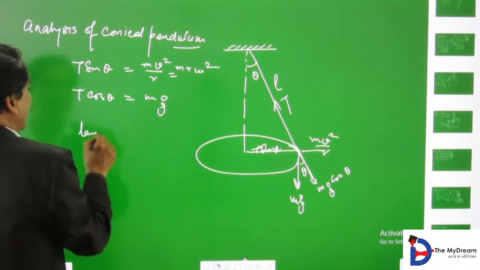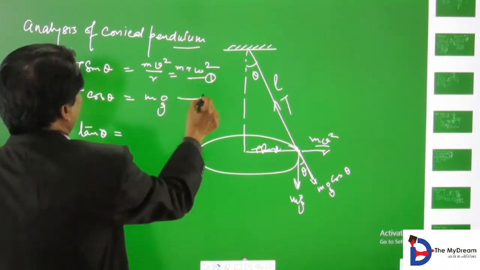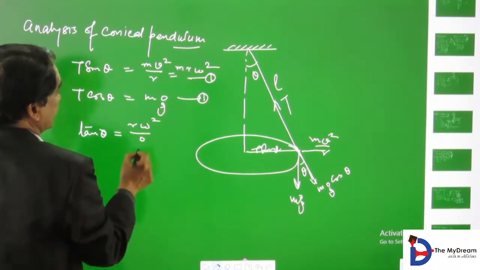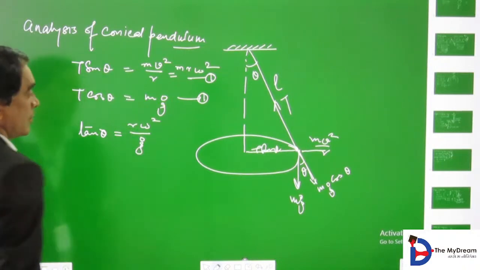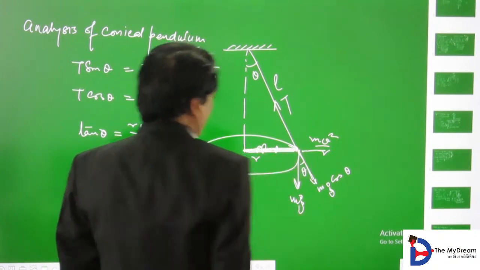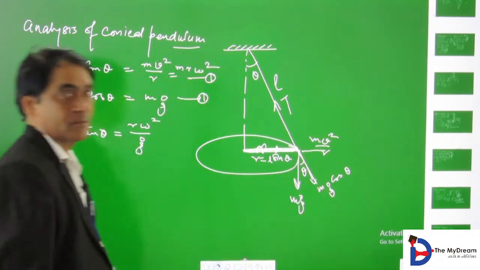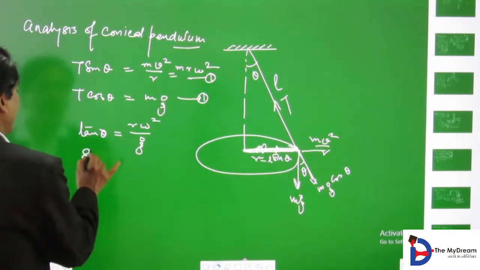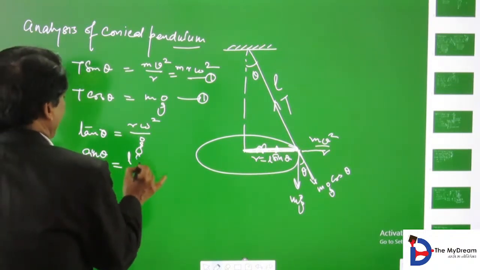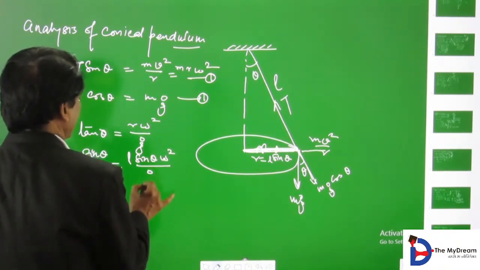So tan theta is equal to, बेटे कितना हो गया, m से m कैंसिल कर दो, R omega square by g. And R क्या है, this is the R, और वो किसके बराबर है, L sin theta की. So sin theta upon cos theta, which is equal to L sin theta into omega square by g.